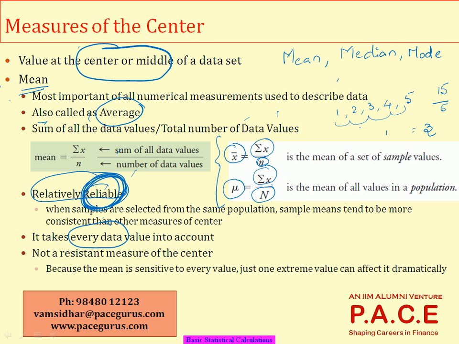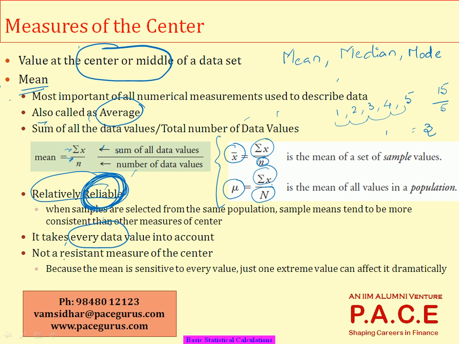If one of the values is extremely large or extremely small compared to the others, which means if that one value or few values are outliers, the mean will get influenced heavily because in the summation, that particular value will have a very high influence because it is very extreme. The summation will have an impact, and as a result, the mean also will get badly impacted. That is why we call mean a non-resistant measure.